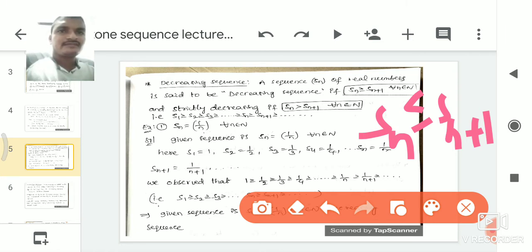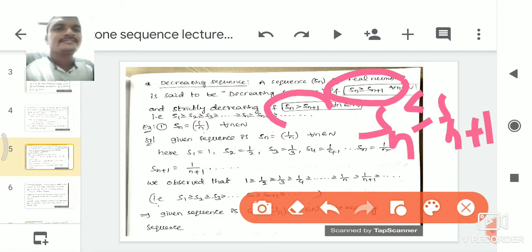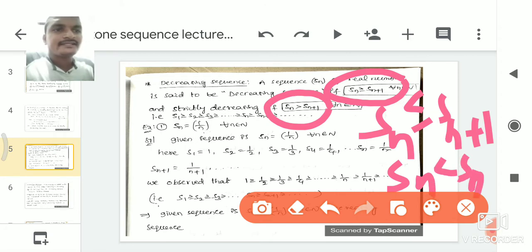The definition of decreasing sequence is Sn is greater than or equal to Sn plus 1 for all n belonging to N. And we say that the sequence is strictly decreasing if Sn is greater than Sn plus 1. Here we say that the sequence is strictly increasing if Sn is less than Sn plus 1.